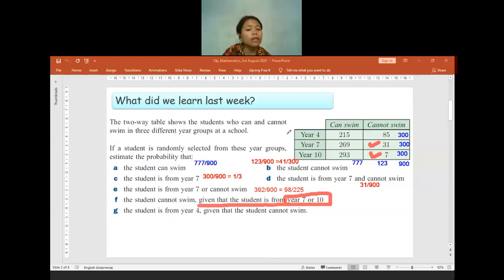For year 7 there are 300 students, from year 10 there are 300 students, so in total it will be 600. When we add 31 and 7, it will be 38 out of 600, not 900, because it says given the student is from year 7 or year 10. So we only focus on year 7 and year 10. Year 4 we can ignore.